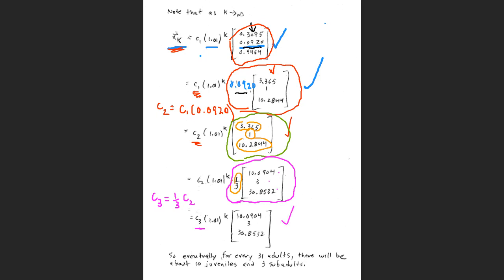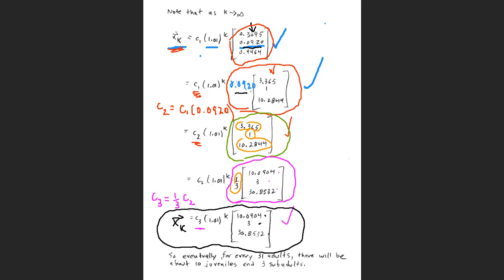So now the x sub k vector is equal to C3 times 1.01 to the kth power times the vector with entries 10.0904, 3, and 30.85.